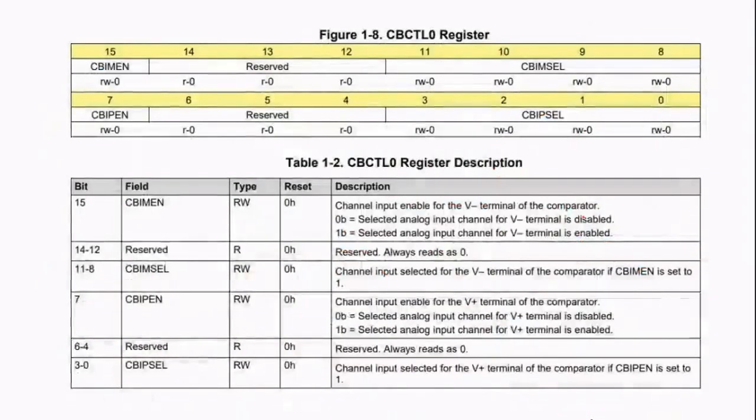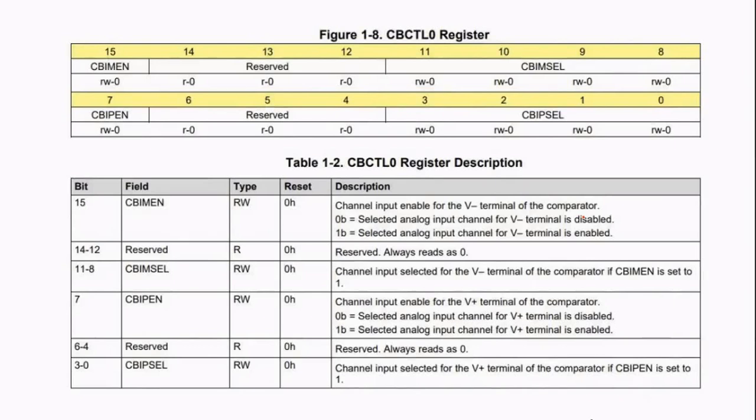Now, for configuring the comparator, you will use the control registers. Everywhere, if you want to use a timer, you have to configure the timer using the timer control registers. If you configure the comparator, you have to use the comparator control registers.